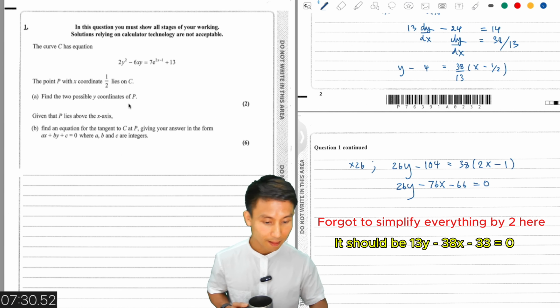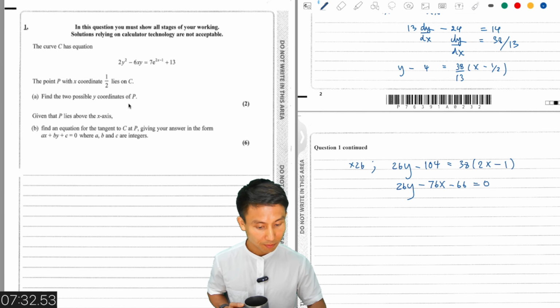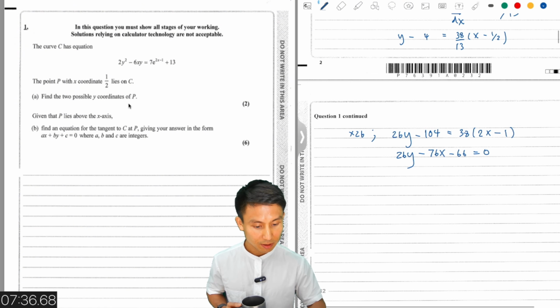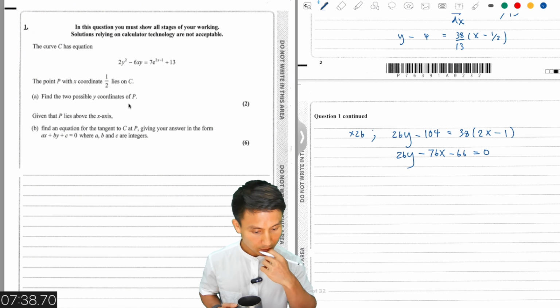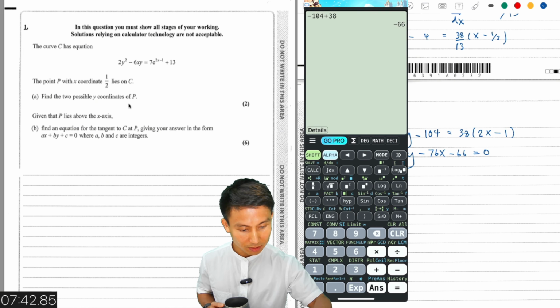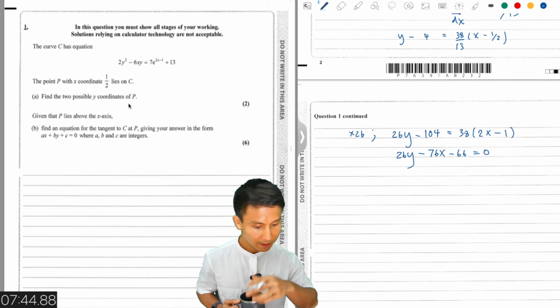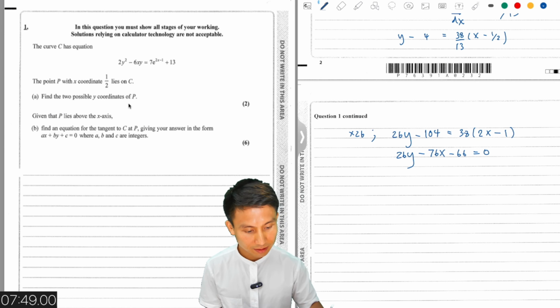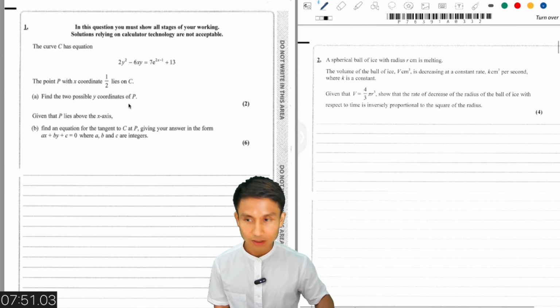And 2 times in there, we get that. I think everything is fine here, guys. 104 plus 38. I'm going to keep my answer as this, and I'm going to go to the next question now, number 2.